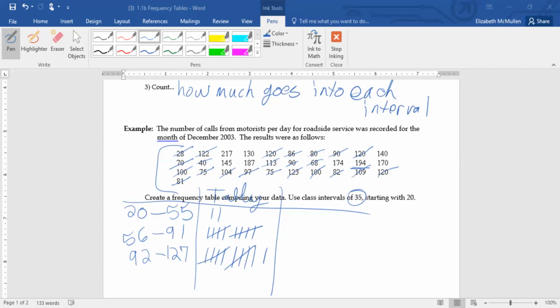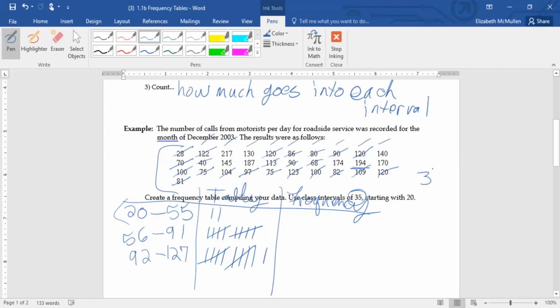So looking at all of this, the frequency, we want to know how often numbers fall in this interval, right? So how many numbers do we have here? I've got 3, 6, 9, 12, 15, 18, 21, 24, 27, 28, 29, 30, 31.